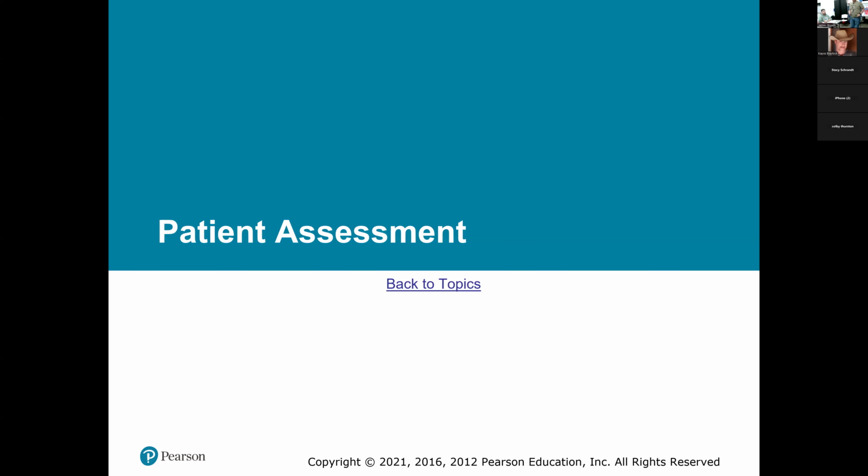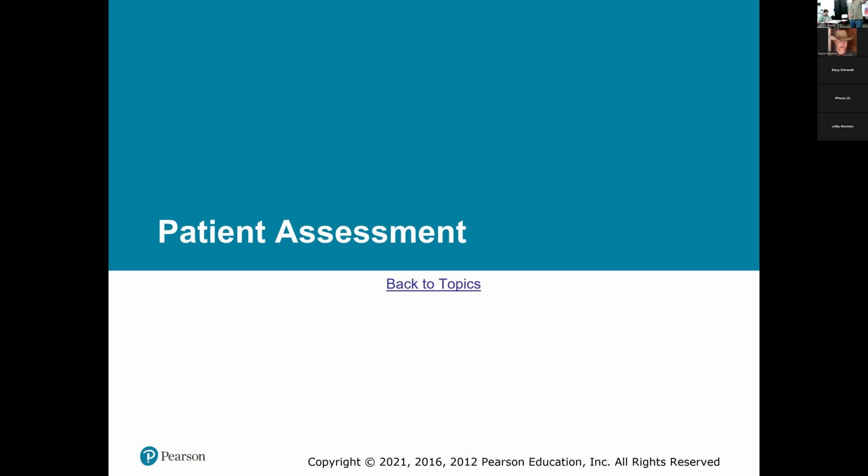Okay, patient assessment. What do we know about patient assessment? What's our primary assessment consist of? Yeah, so life-threatening injuries, which are, okay, severe bleeding, massive hemorrhage. What else?